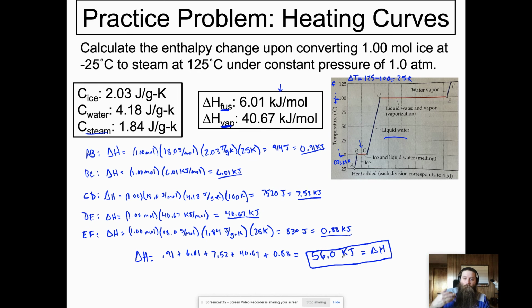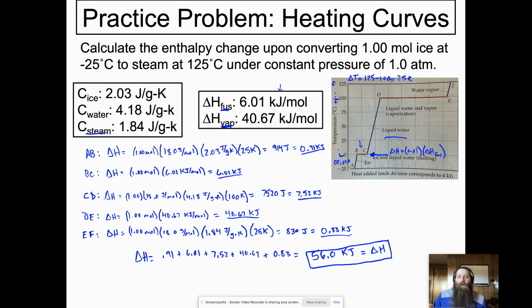Now, every time you do one of these, they're this simple. The issue that kids run into is they forget, hey, I have 2 different little equations that I'm doing here. If I'm doing just the level portions of the graph, all I need is delta H equals moles times the delta H of fusion. The reason I don't need temperature here is there is no temperature change during the actual phase change.